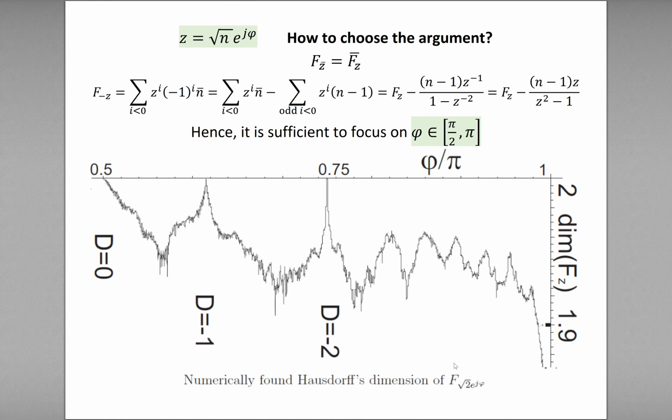So we know that z should be of this form: square root of n times some complex argument. First of all, taking the complex conjugate of z, we get just the complex conjugate of the entire set, which is easy to check. So in fact, it is sufficient to focus on this one quarter of the full angle. For this one quarter of the full angle, here is a numerically found Hausdorff dimension of such a set.